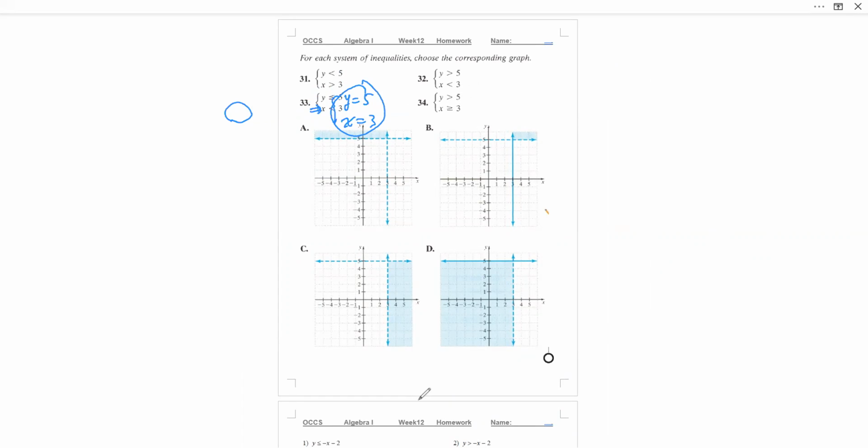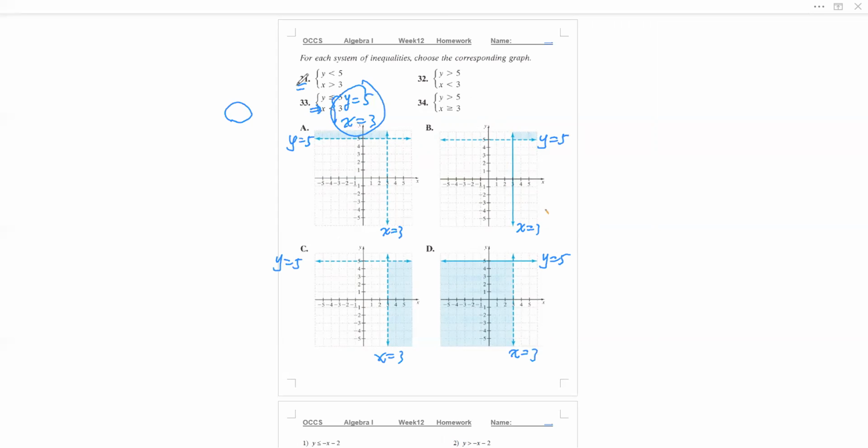Now let's see 31: y less than 5. Less than means the bottom of this y equals 5 line. We can mark here y equals 5, and this one is x equals 3.